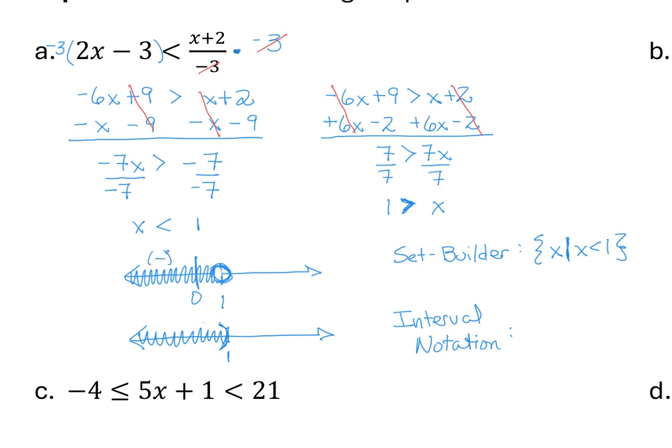And so this goes forever to negative infinity. Our rightmost value of our shading is the 1, and it is going to be a parenthesis because that is what we had on our graph, and it's also not included.